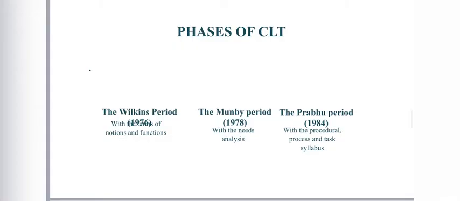Next is the basis of CLT. Historically, CLT has undergone three phases. First, the Wilkins period, with the terms of notions and functions. Next is the Munby period, with needs analysis. And the last is the Prabhu period, with the procedural, process, and task syllabus. And the next is as proposed by Nunan. The three types of task-based CLT have the following features. First, an emphasis on learning to communicate through interaction in the target language.